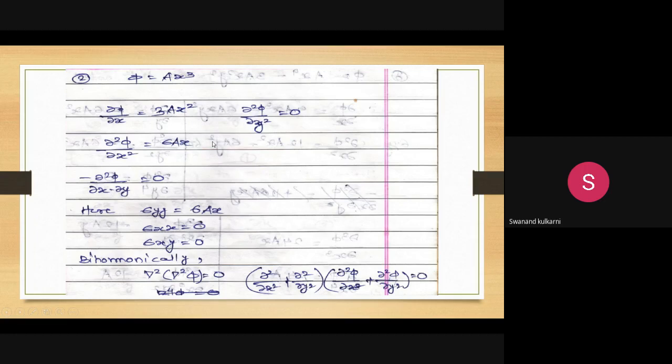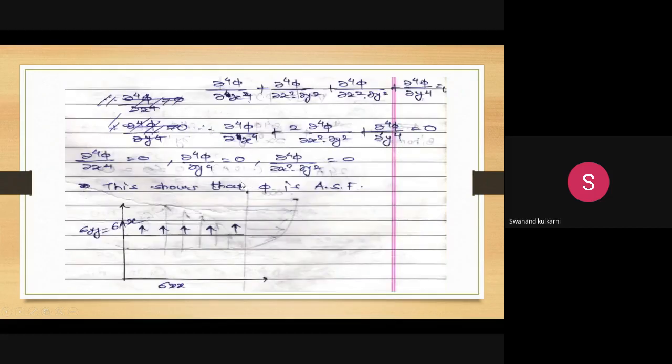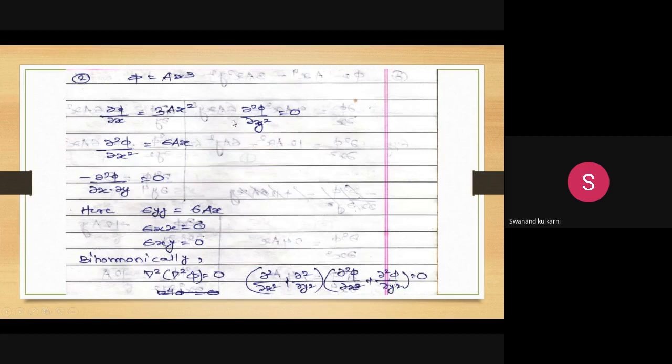So dou 4 phi by dou x4 will be 0, dou 4 phi by dou y4 will be 0, and the intermediate term, dou 4 phi by dou x2 dou y2, is also going to be 0. So the essential condition of del raised to 4 phi equal to 0 has been achieved, which indicates that the biharmonic condition has been satisfied, and the function is an Airy stress function, giving the stress along x-axis, stress along y-axis, and shear stress.